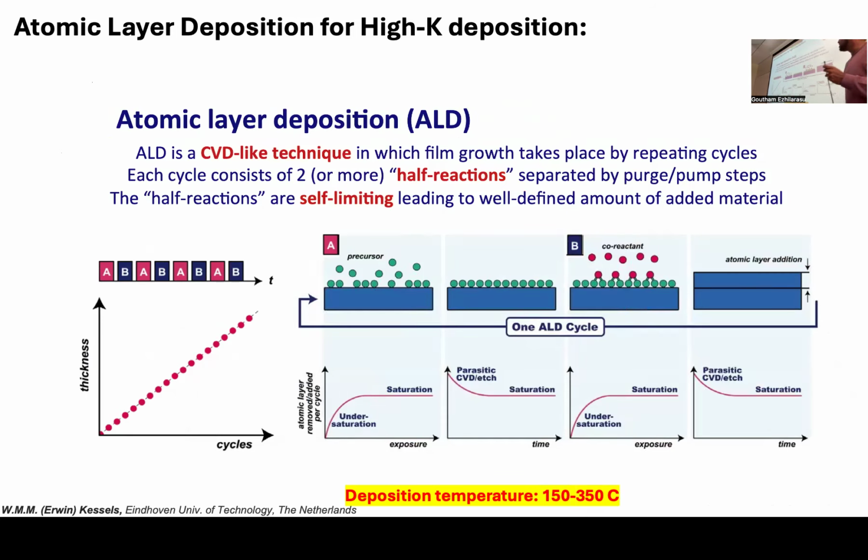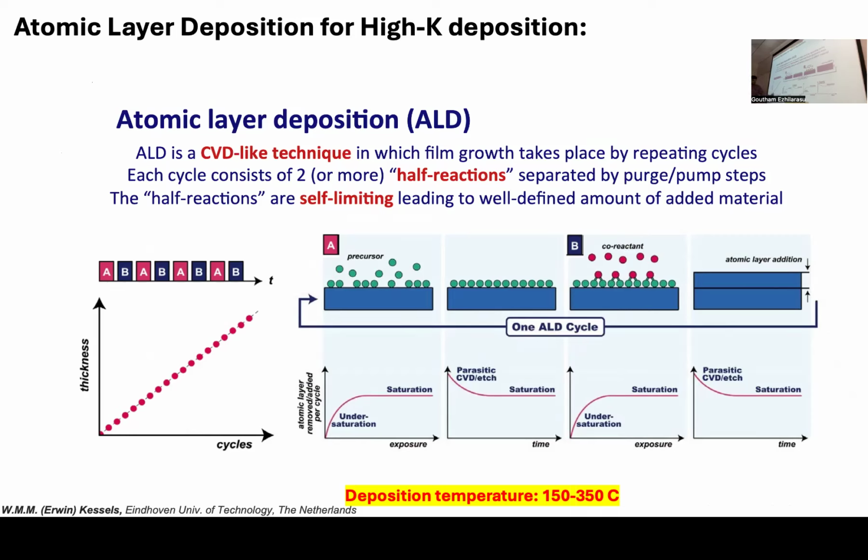The way ALD works is it's basically similar to chemical vapor deposition. So it happens in vapor phase, but it uses something called half reactions. The way it works is very simple. The entire process is divided into a bunch of cycles.